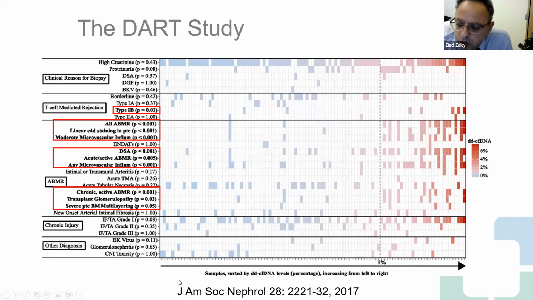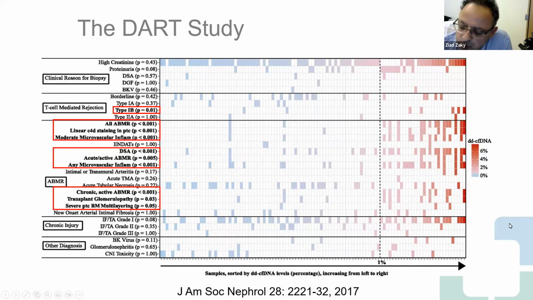So this slide shows that we had to put a line where it would be considered normal and where it would be considered abnormal. And the line was the presence of 1% or more of donor-derived cell-free DNA in the patient blood. And we found that more than 1% was associated with type 1B T-cell-mediated rejection and a lot of antibody-mediated rejections.